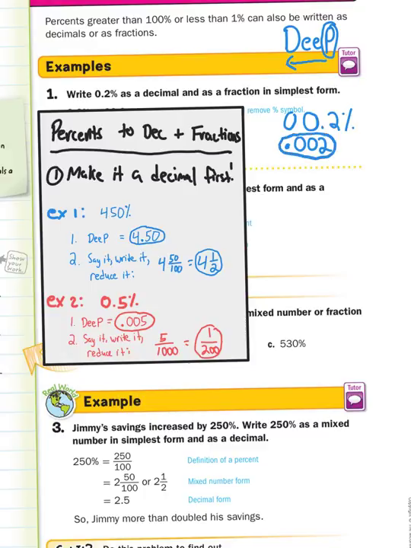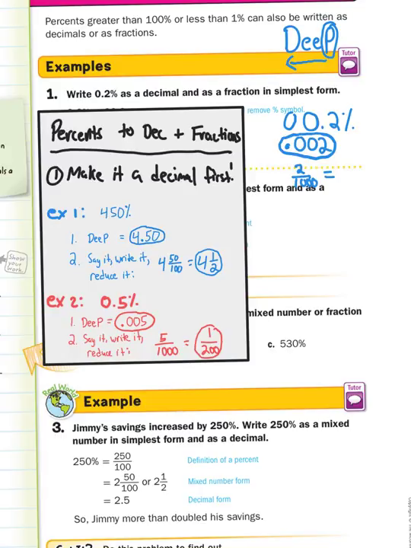The other thing the problem asks me to do is to make it a fraction in simplest form. Well, once it's a decimal, we already know how to change decimals to fractions. And you can always look back in your foldable to find out. It's say it, write it, reduce it. So when I say that decimal, it's 2 thousandths. So I'm going to write 2 thousandths as a fraction, and I'm going to reduce it.